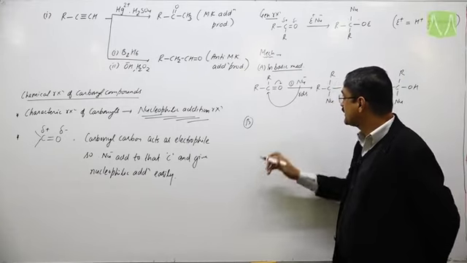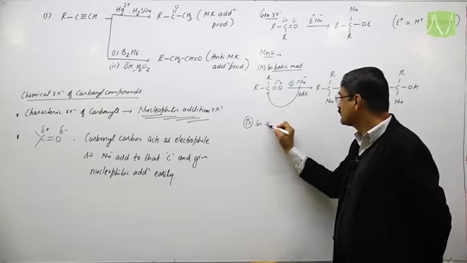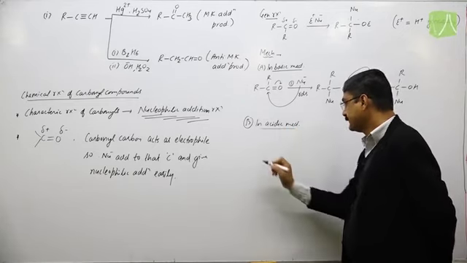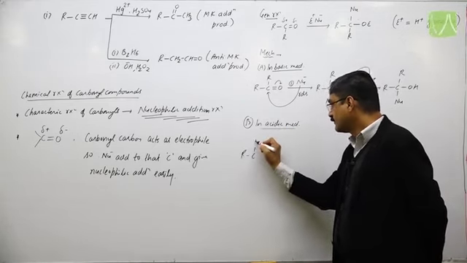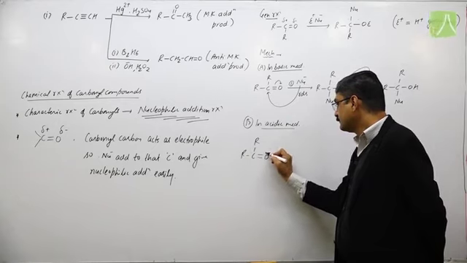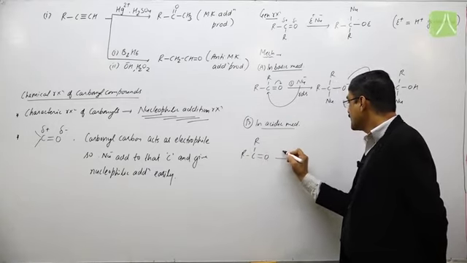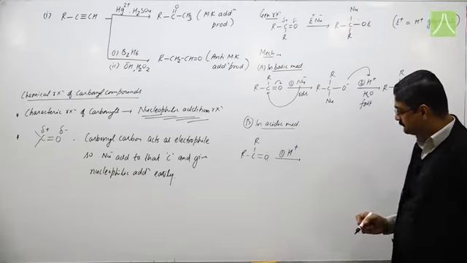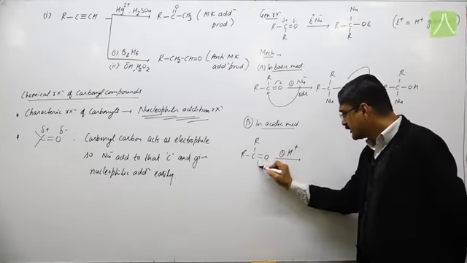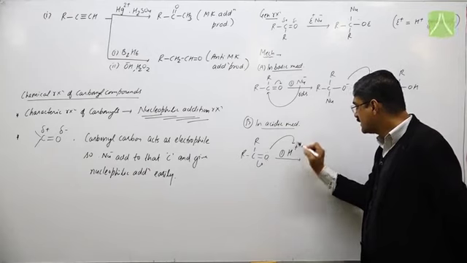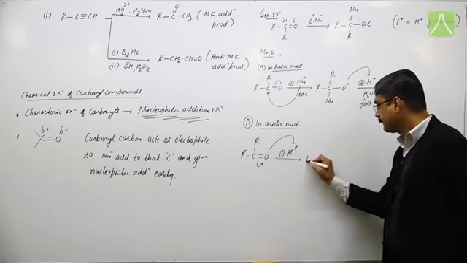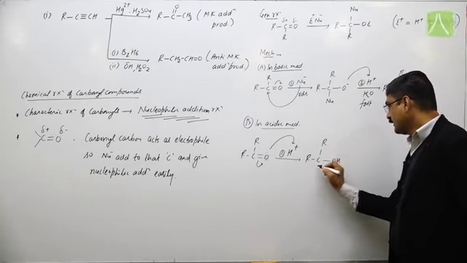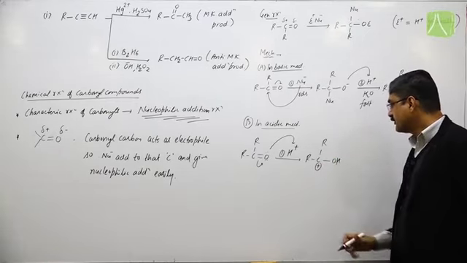Nucleophilic addition is also possible in acidic medium. So mechanism in acidic medium. In acidic medium, first H plus reacts. So by the polarization, oxygen gains the proton and intermediate carbocation is formed.